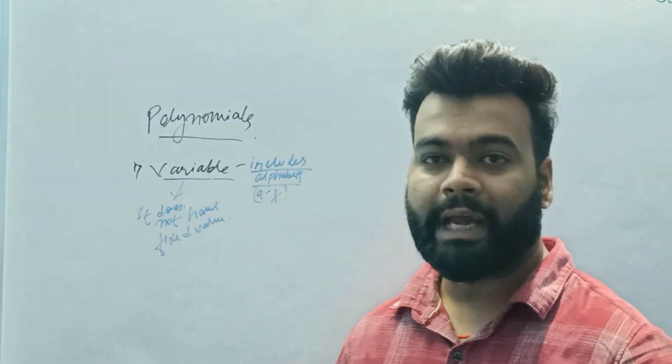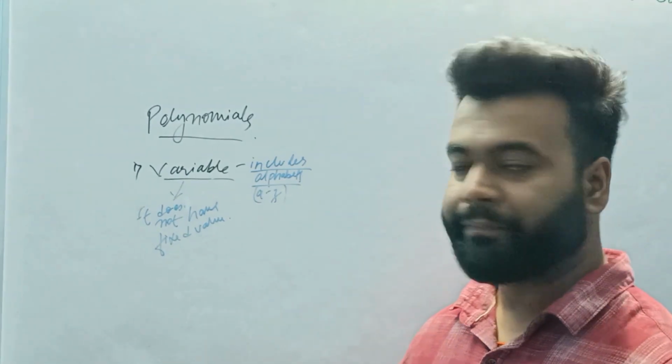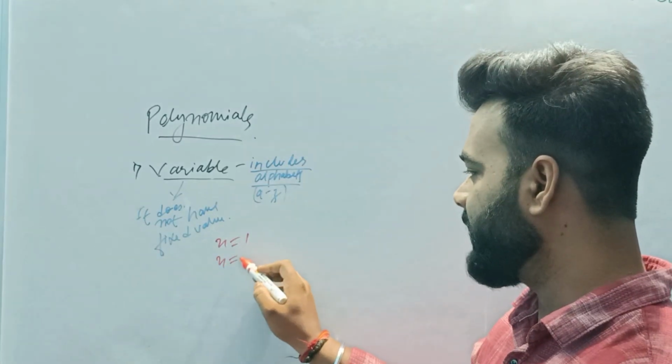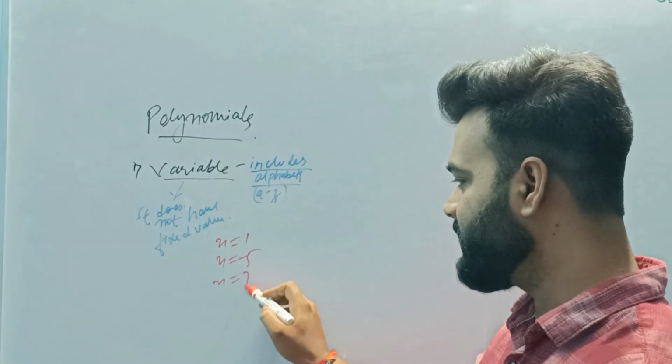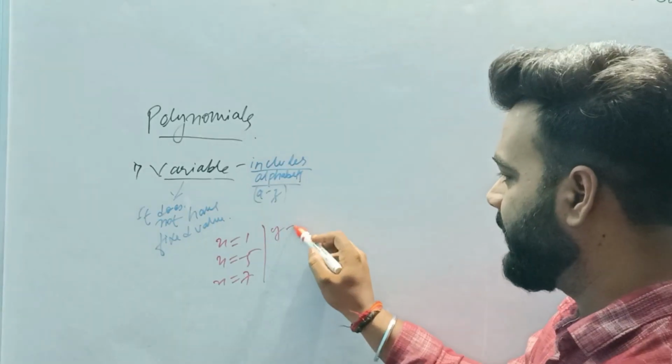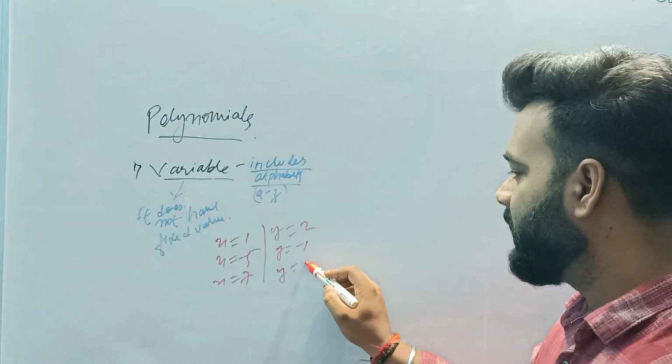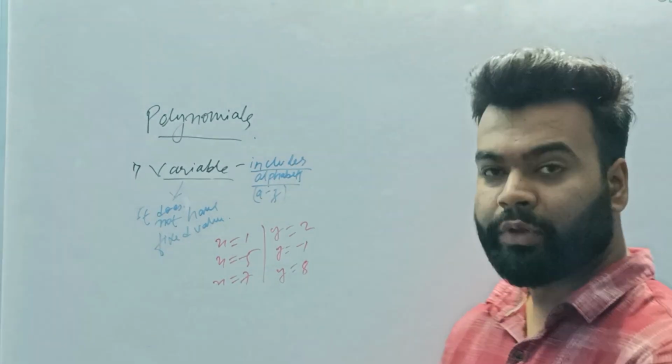So we know that when we solve questions, somewhere the value of x can be 1, somewhere the value of x can be minus 5, somewhere the value of x can be 7, somewhere the value of y can be 2, somewhere the value of y can be minus 1, somewhere the value of y can be 8, and so on. So what does this show?